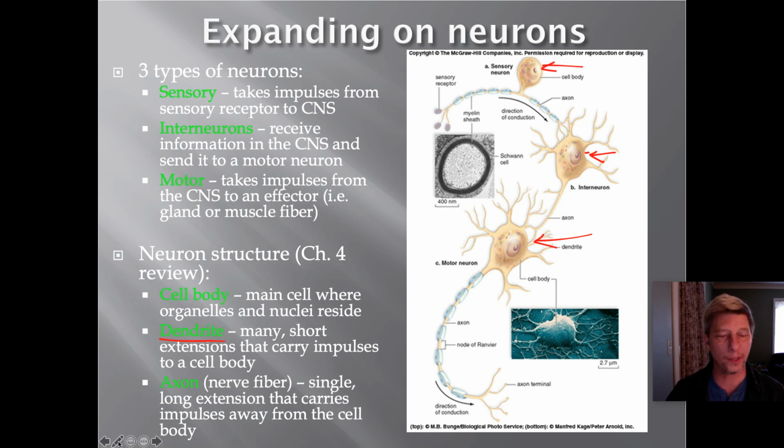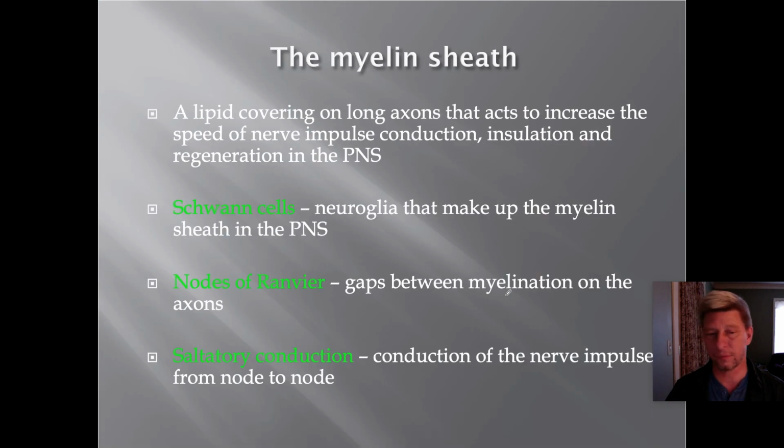And that long piece is fairly apparent if you look carefully. Here's the axon of the sensory neuron. Here's the axon of the interneuron. And then notice how long the axon of the motor neuron is, okay?